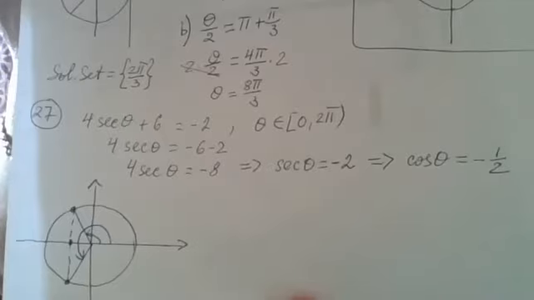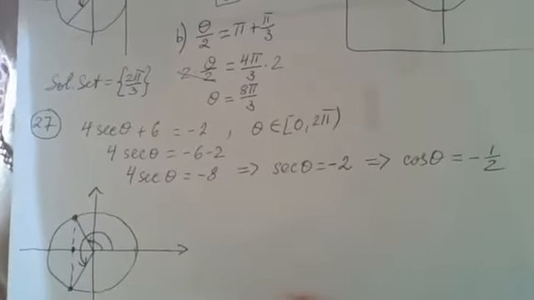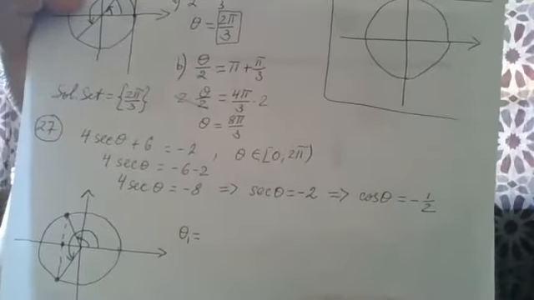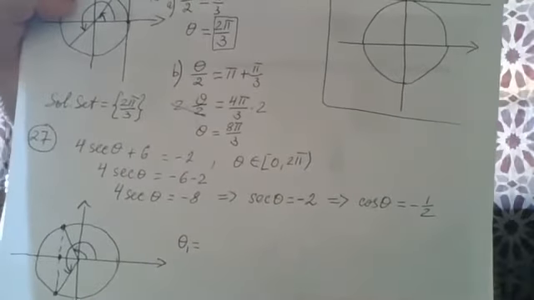Let's first start with the angle in the second quadrant. So theta 1. Ladies and gentlemen, which angle in the first quadrant has cosine equal to positive 1/2? Pi over 3. Can I say that this angle in the second quadrant is equal to pi minus pi over 3?